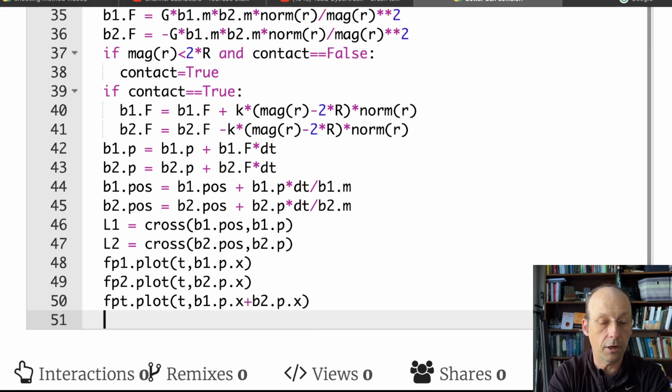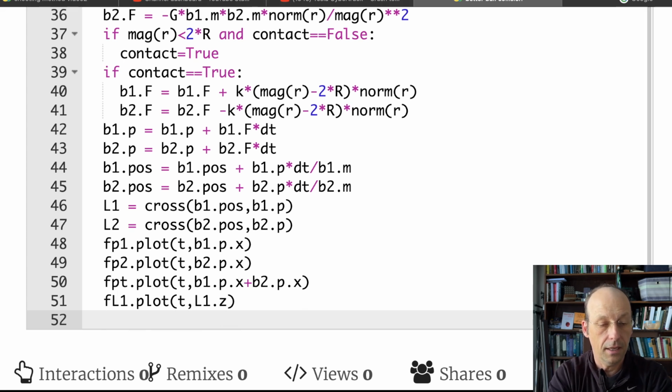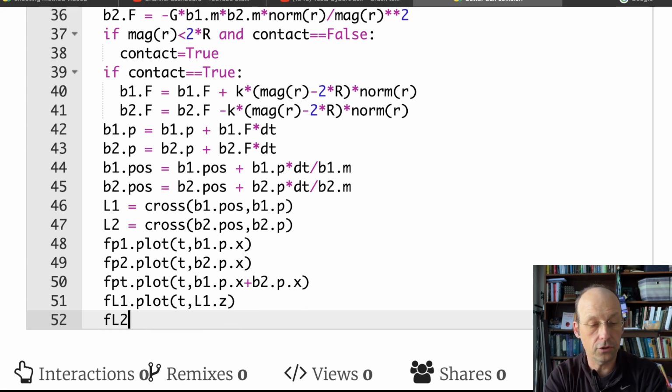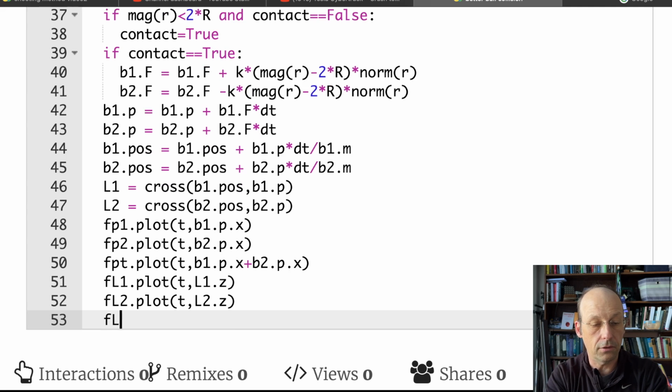Got it. Now I'm going to plot the angular momentum. fl1 dot plot t l1 dot z, and fl2 dot plot t l2 dot z, and then the total fl total dot plot t l1 dot z plus l2 dot z.